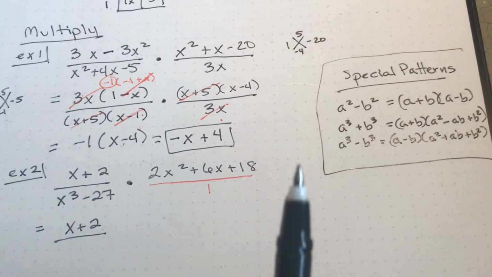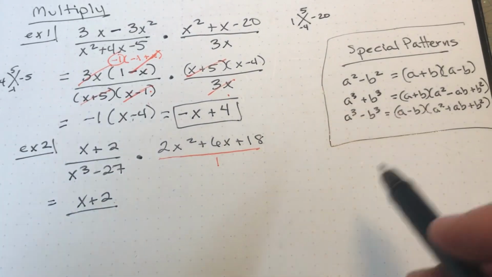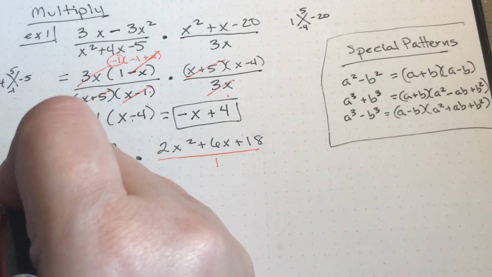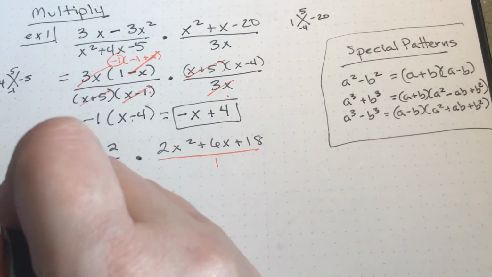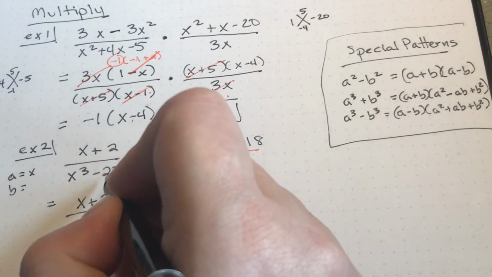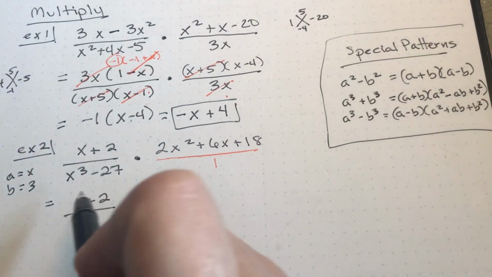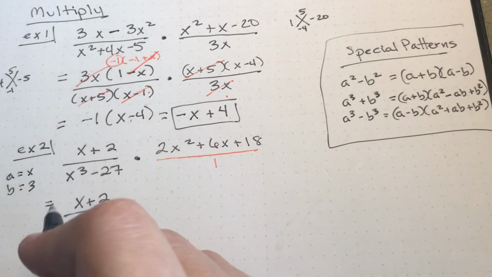Okay, so thinking about this last special pattern and looking at this, my a equals x and my b equals 3, right? 3 times 3 is 9 times 3 is 27.